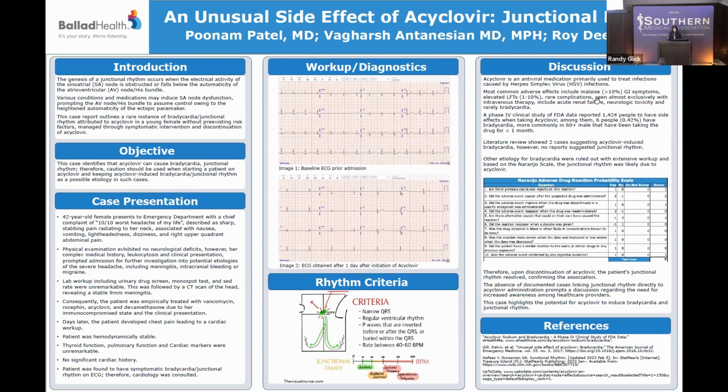The EKG showed junctional bradycardia with a heart rate of 43. Cardiology was consulted as the patient did not have any prior cardiac history. Extensive evaluation was done to rule out other causes of a junctional rhythm, including cardiac workup and other medication side effects attributing to this bradycardia.